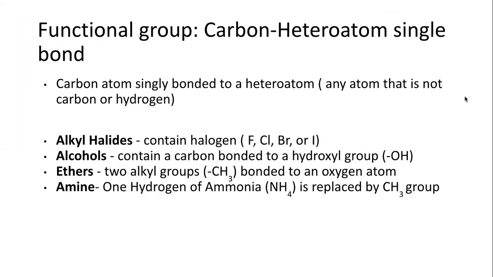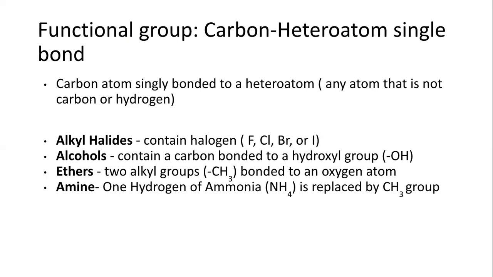The next functional group that we're going to discuss are when we have a carbon heteroatom single bond. So remember, heteroatoms are any atoms that are not carbon or hydrogen. And there are 4 groups within this category that we're going to focus on.